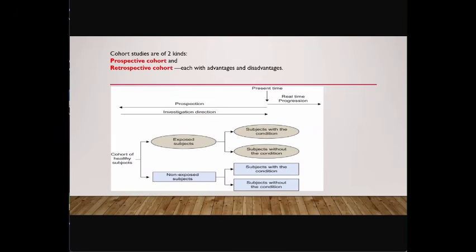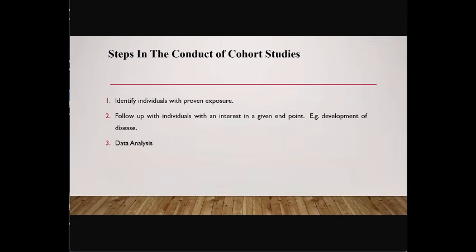Okay. Now, in identifying the cohorts, as I said earlier on, they are people of identical characteristics. They are well matched. You can match them by group matching or individual matching.